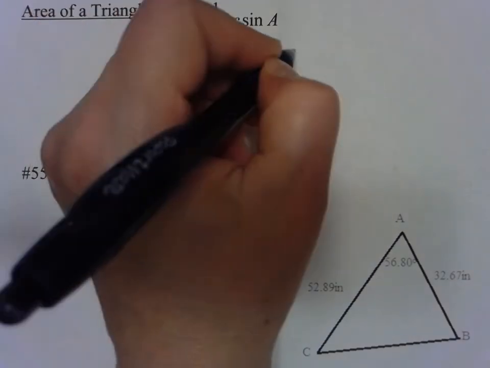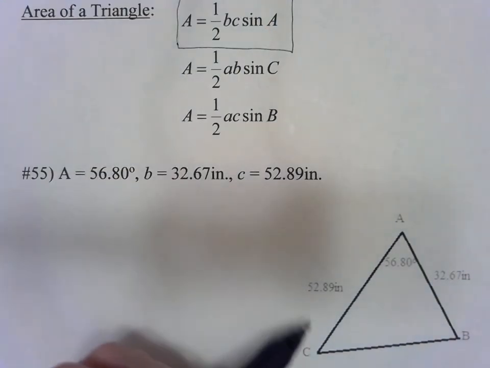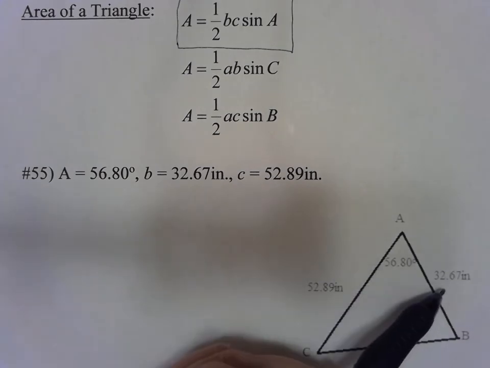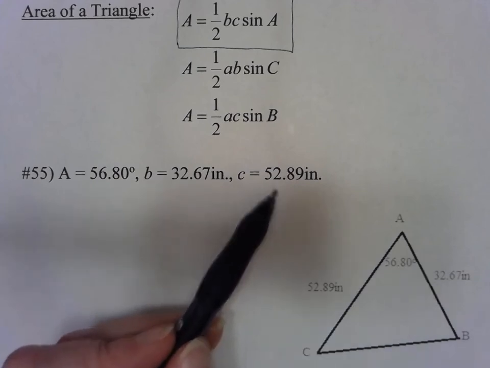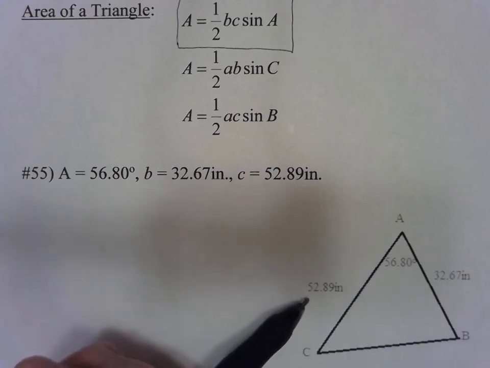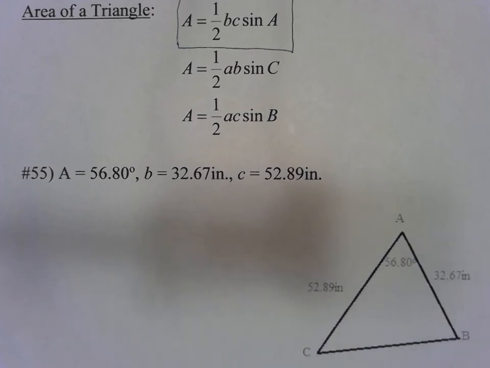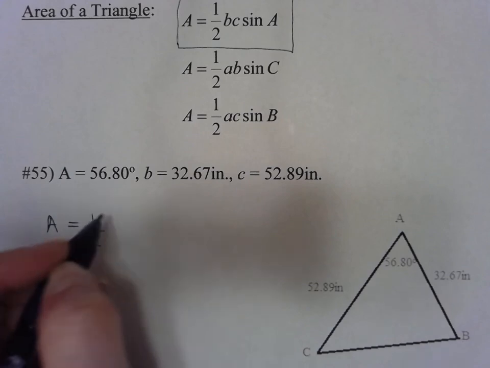We're going to use this one because this is the information we have, right? We have side B, which is 32.67 inches, and we have side C, which is 52.89 inches, and then we have the angle. So we're really just going to plug into that formula. So let's do that real quick before my laptop runs out of batteries.